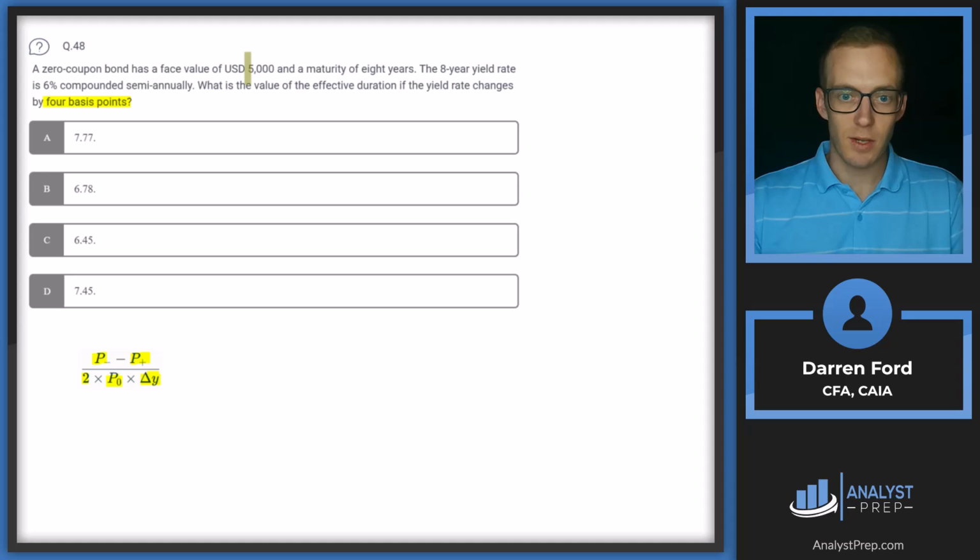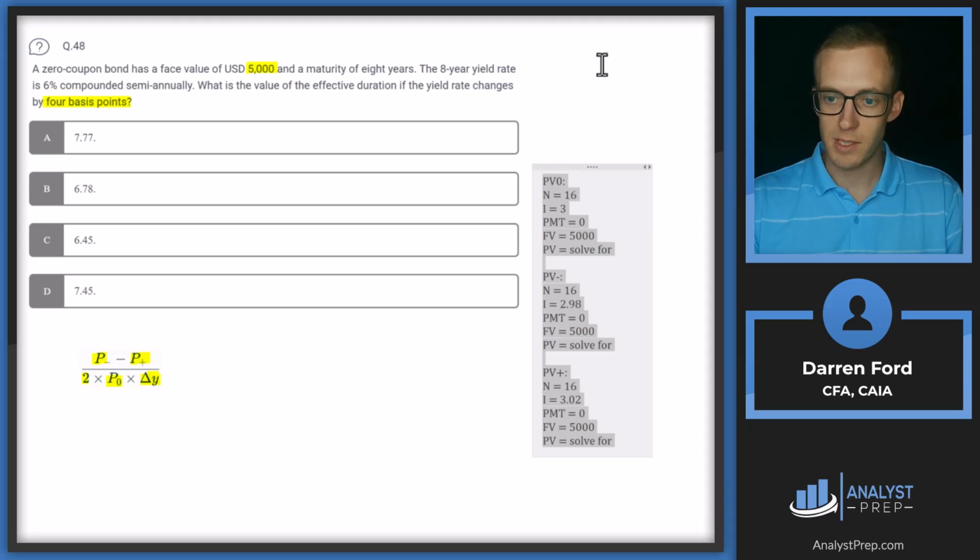So all we're given is the face value, and we have maturity and the yield. So essentially we need to use our time value of money calculation on the calculator in order to solve this problem. I'm not going to go through and punch in all of those numbers because that'd be pretty tedious, but here are the numbers you will need to plug in. So I'll walk through this one, and then you'll be able to do this on your own and make the changes.